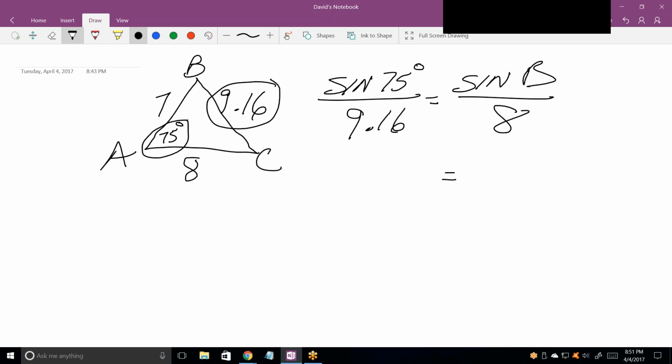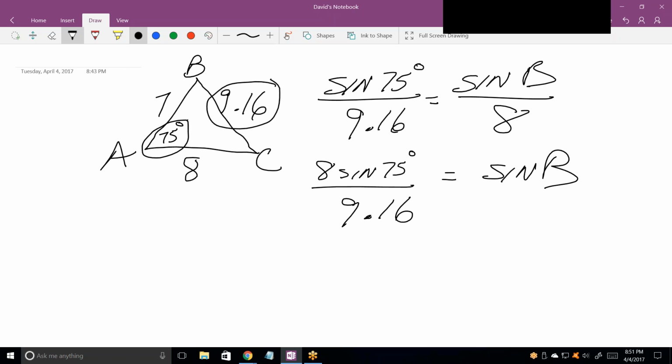8 times sine 75 over 9.16 equals sine B. Okay. What's B? In other words, go ahead and give a number on that. What is it? B is 4.8. Hold on.